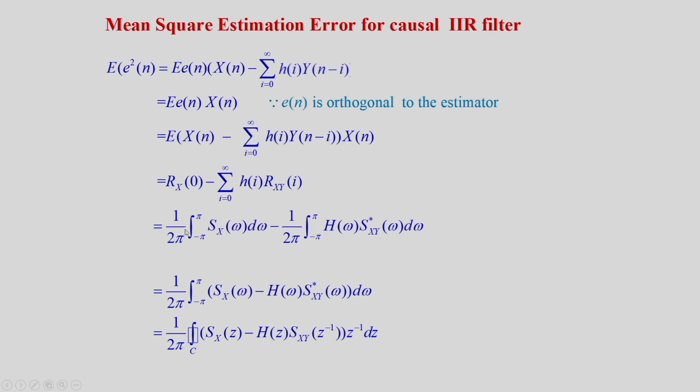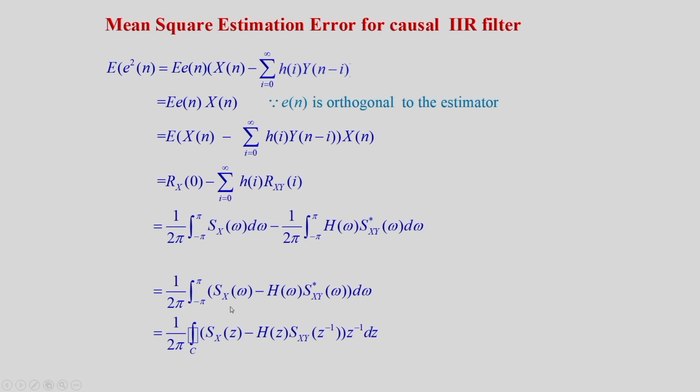Rx(0) is equal to 1 by 2 pi integration of Sx(omega) d omega from minus pi to pi, minus 1 by 2 pi integration from minus pi to pi of H(omega) into Sxy star(omega) d omega. So, this is the expression for the mean square estimation error, which we get by applying the inverse DTFT.